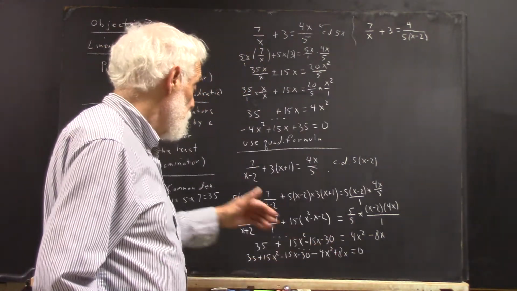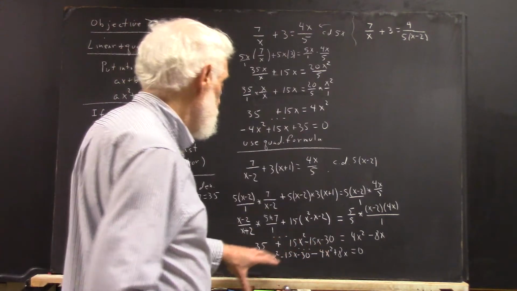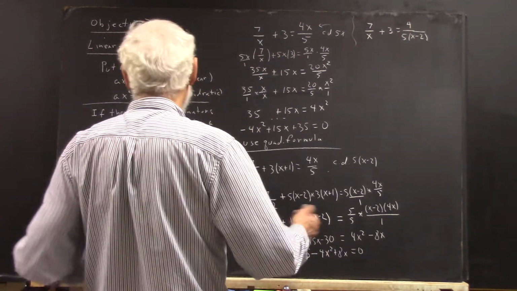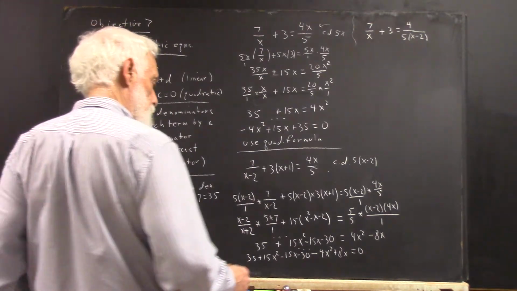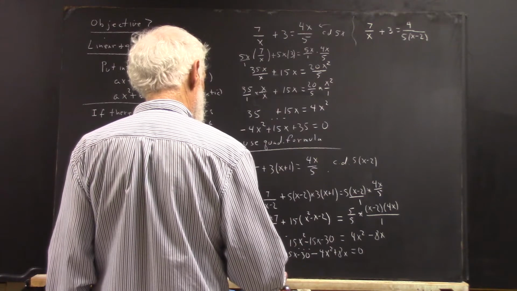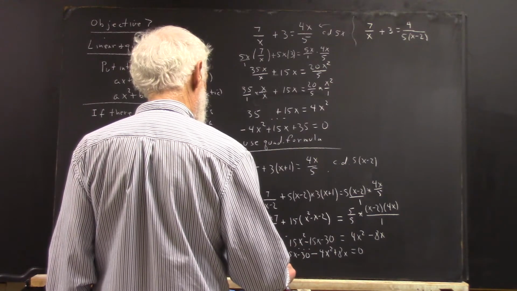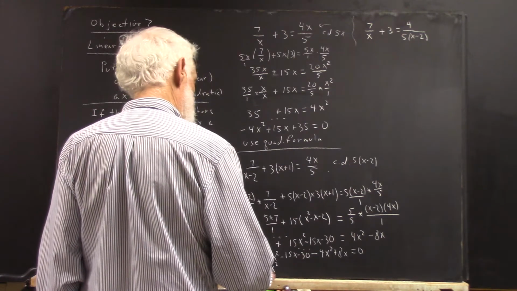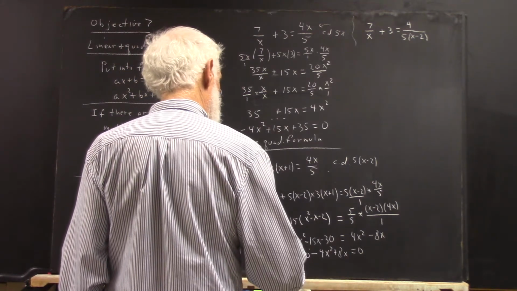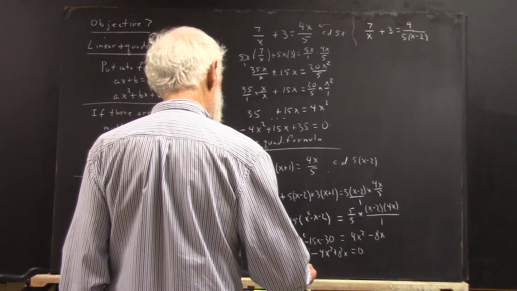But what we're after right now, and what we want to illustrate, is we want to move toward the general quadratic form of an equation. So we got 15x squared minus 4x squared is 11x squared. And we've got negative 15x plus 8x, which is going to give us negative 7x.